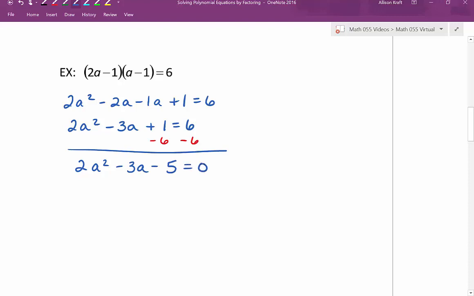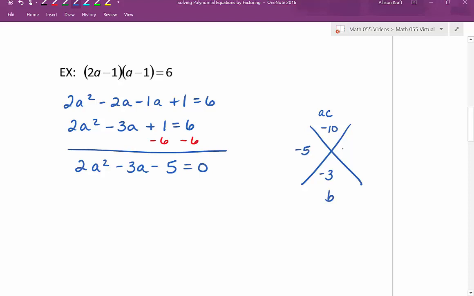Now we want to factor the left-hand side. We have a quadratic trinomial with a leading coefficient other than 1. You can factor this by trial and error, or you can use the AC method, where we put a times c in the top of our x, b in the bottom. We're looking for two numbers that multiply together to be negative 10, but add together to be negative 3.